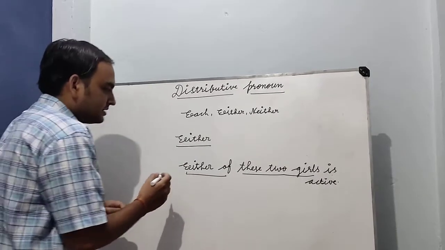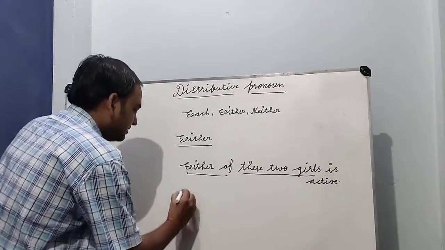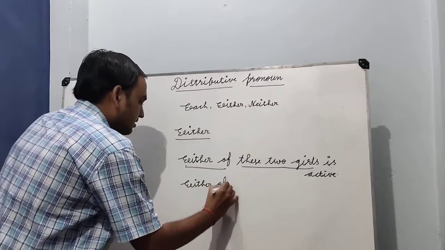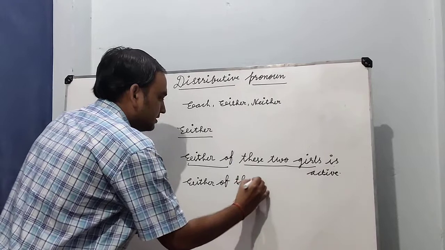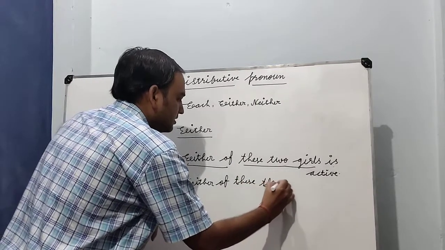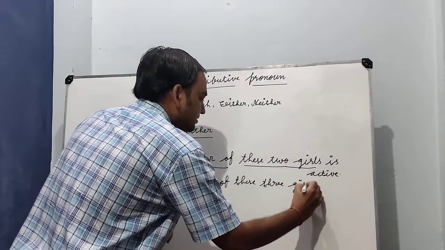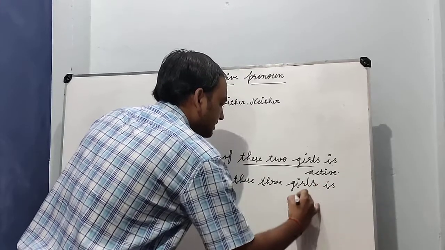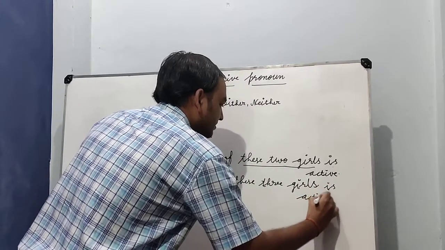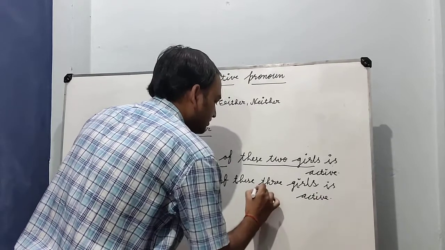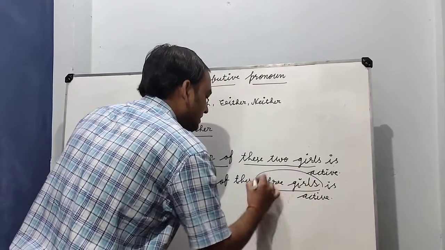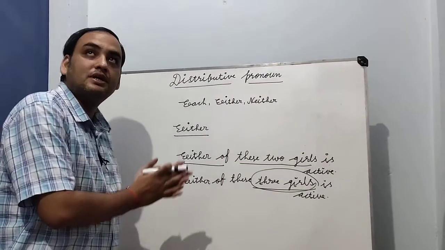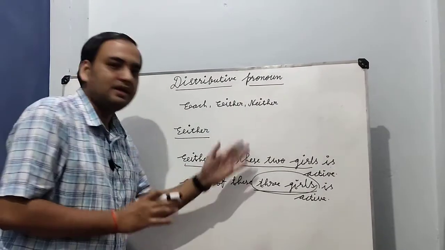If I am writing here, suppose, either of these 3 girls is active. Okay, if I am writing here about 3 girls, so this is the wrong use of either. We cannot use either in the case of 3 girls.